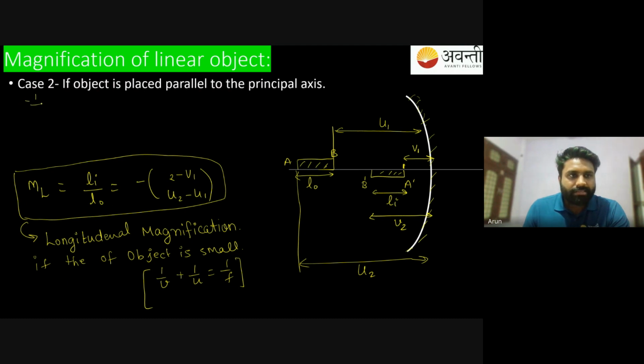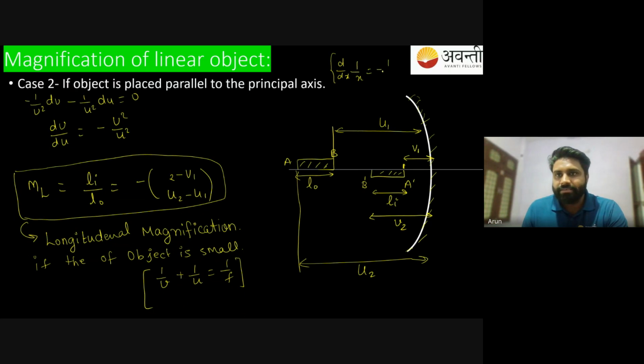It is minus 1 by v square dv minus 1 upon u square du is equal to 0. So dv by du is equal to minus of v square by u square. The differentiation of d by dx of 1 upon x is equal to minus of 1 by x square. That is why this formula has come.